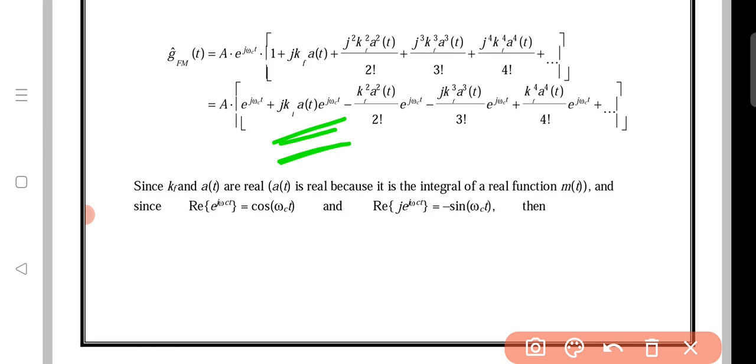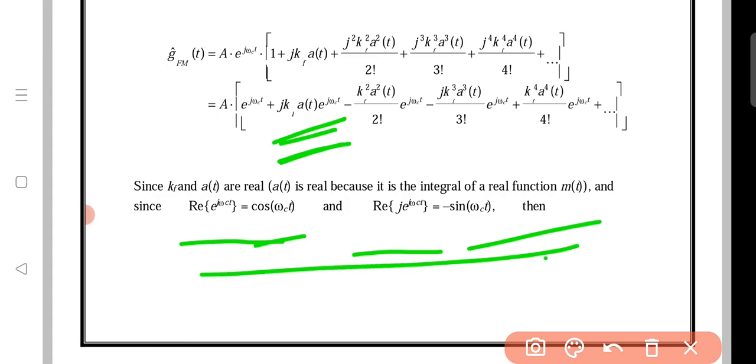The real part of e power j omega ct is cos omega ct, so the real part of j into e power j omega ct is minus sin omega ct. You just remember these relations. These are the important relations in exponential form.